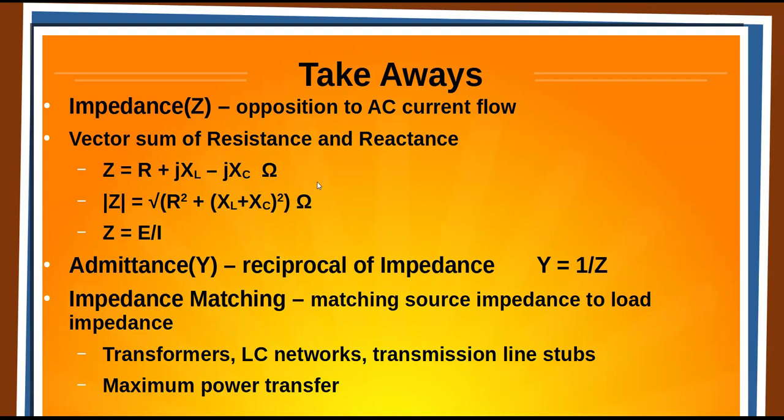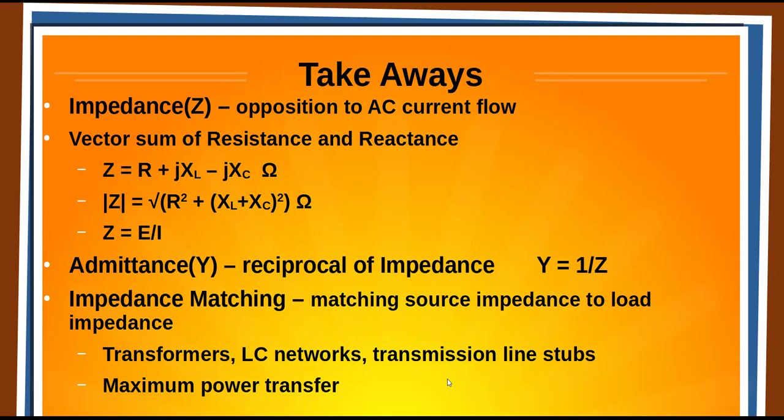Okay, so we talked about impedance being the vector sum of the resistance and reactance, and it's the ratio of the magnitude of voltage to current. Admittance is the reciprocal of impedance. You don't use that much, they just throw those in there to kind of confuse you.